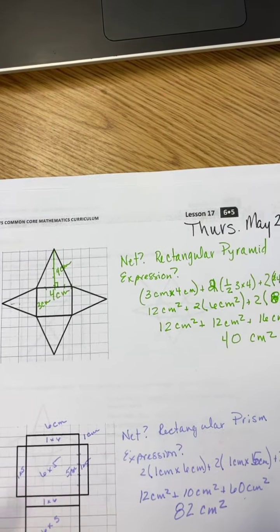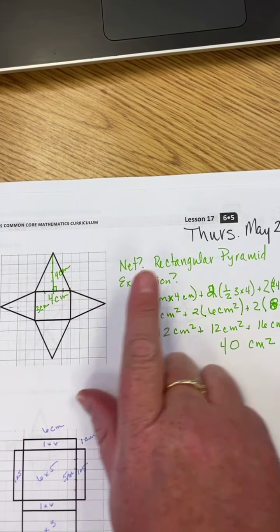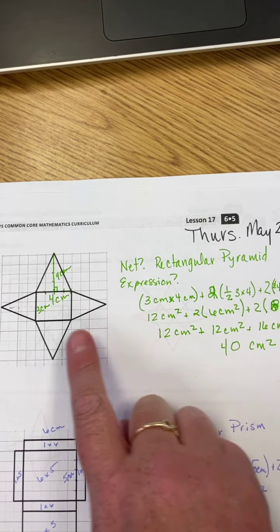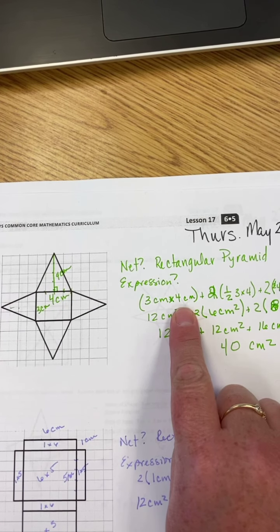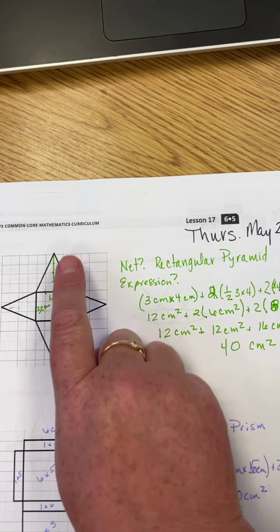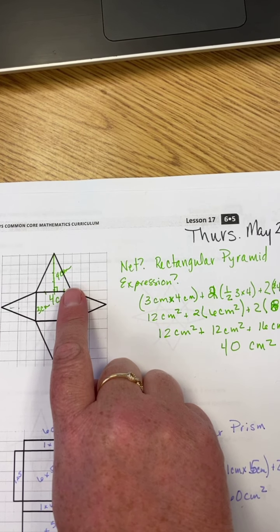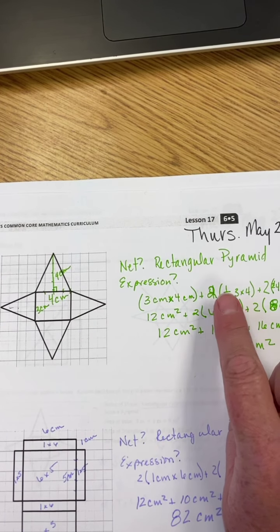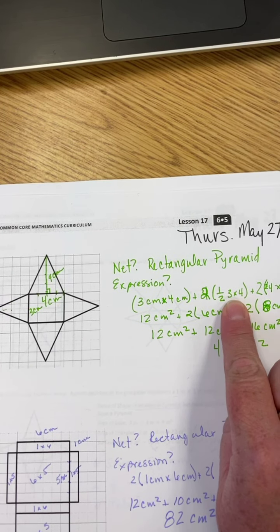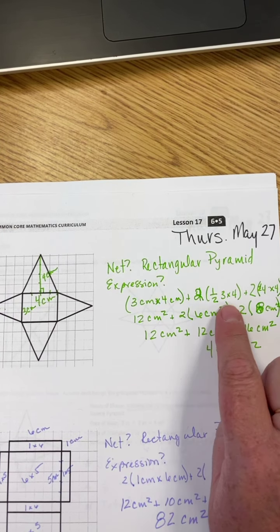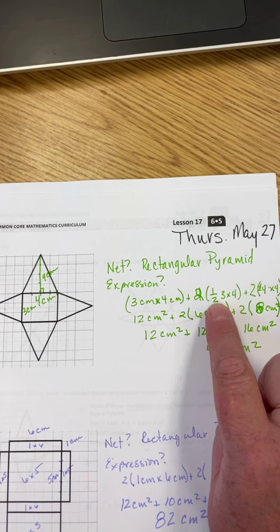Number 3, this is a rectangular pyramid. So we're going to find a base, which is a 3 by 4, which is 12 centimeters squared. We are going to find the surface area of the side triangles, which would be half times 3 times 4, and then we take 2 of those, so 3 times 4 is 12, half of that is 6.